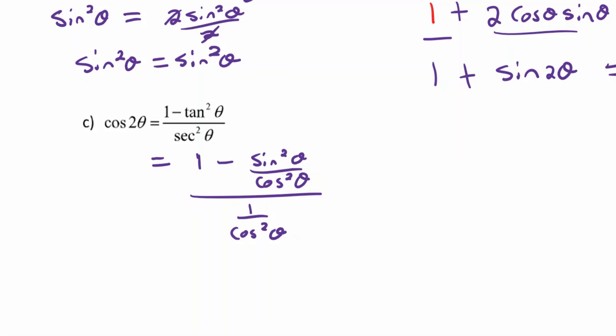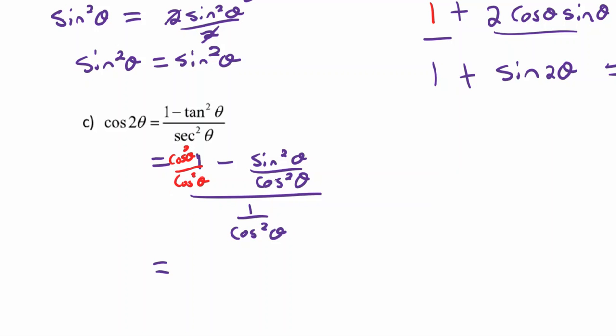Okay, now I'm going to do my little trick on the top where we write this all over a common denominator. I can just multiply the top and bottom on this side by cos squared theta. So top and bottom there.